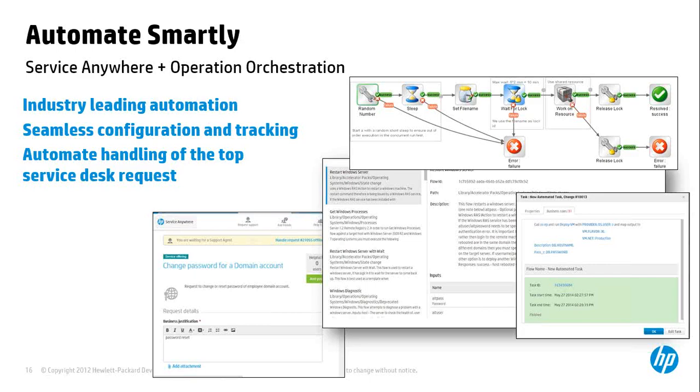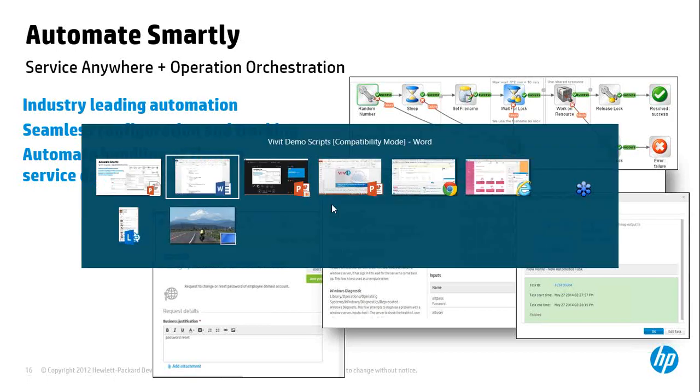Automating smartly is something that we've done both through the introduction of some automation and out-of-the-box processes in a number of ways, from catalog fulfillment to bundling and request fulfillment, to automation that you can do through the use of operations orchestration, runbook automation flows on-premise, to enable further automation of your processes in a case where you want to, for example, automatically deploy changes on your infrastructure or do some configuration of something that you're fulfilling as part of a request. Let's take a look at a couple of examples.